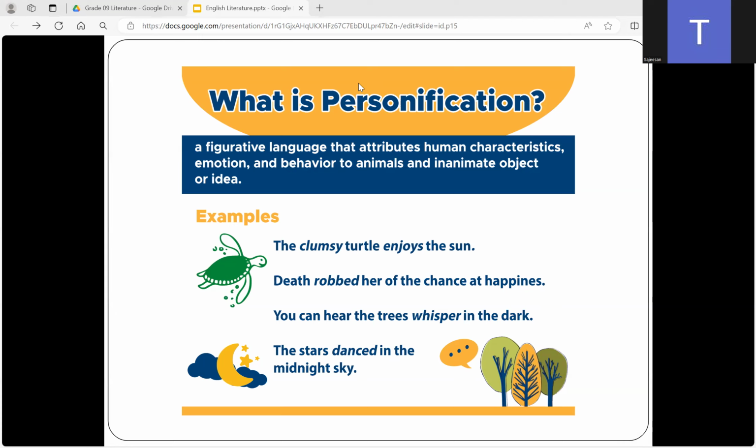You can continue. Examples. The clumsy turtle enjoys the sun. Death robbed her of the chance at happiness. You can hear the trees whisper in the dark. The stars dance in the midnight sky. So here are some examples for the use of personification.